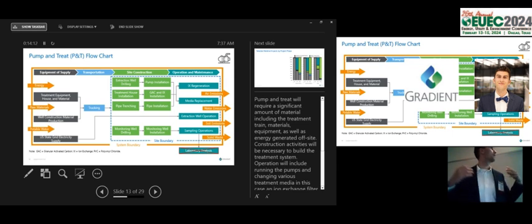Okay, so after compiling the data we needed for this hypothetical site, we tried to align these values with an EcoInvent database, and then we used LCA software to run a life cycle assessment analysis to get the following results.